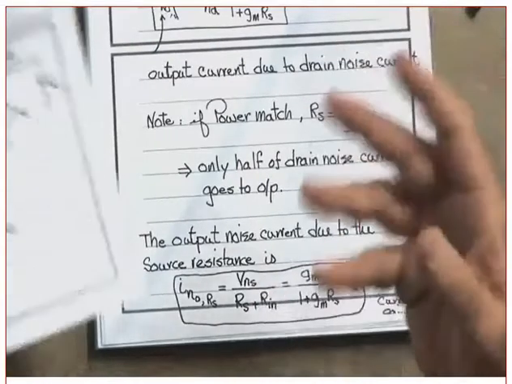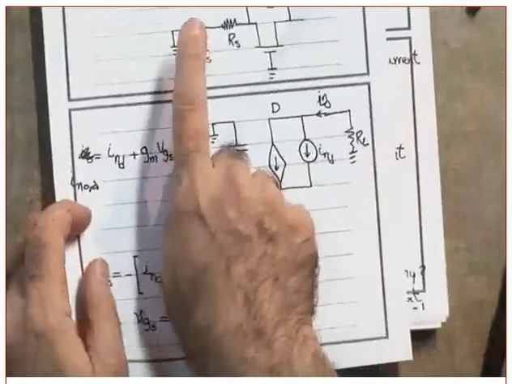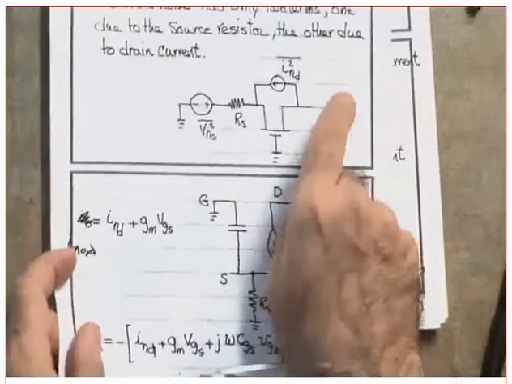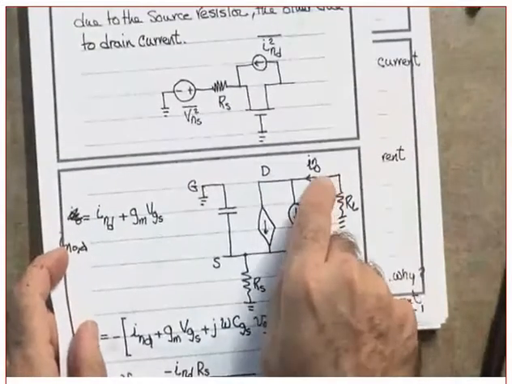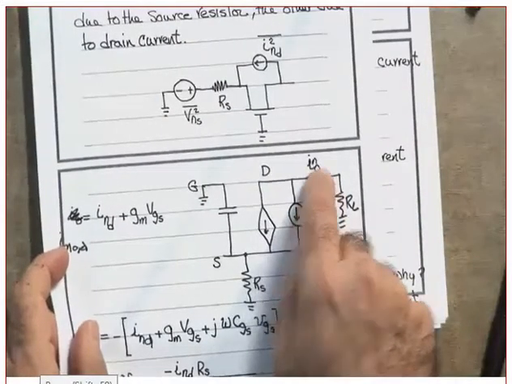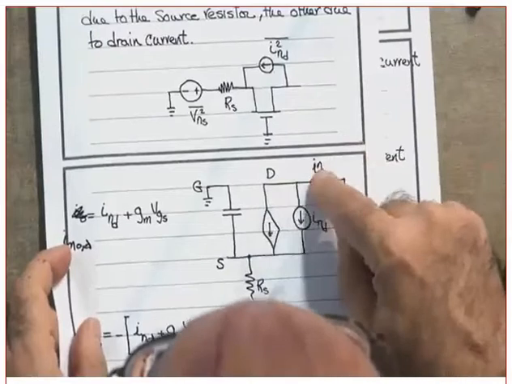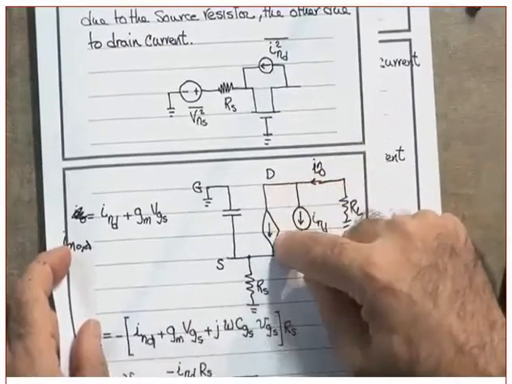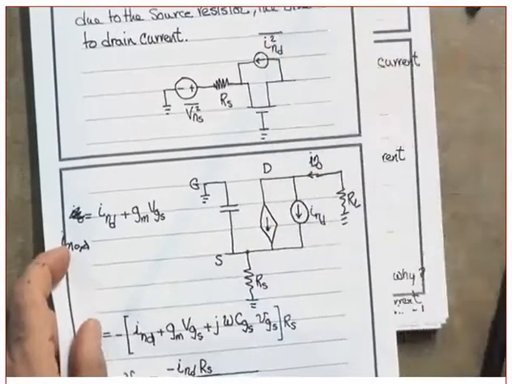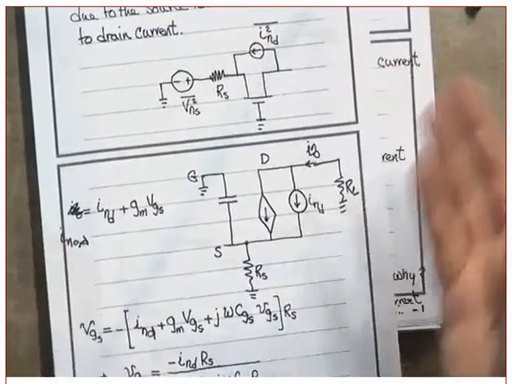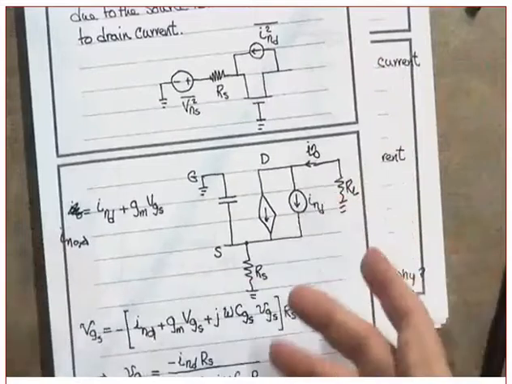Okay, one more time. Concentrate. I want now to take the effect of this one at the noise output current, the noise at the output. What do I do to this? Open. What is the current this one will be? gm VGS. Agree? But what is the voltage VGS?